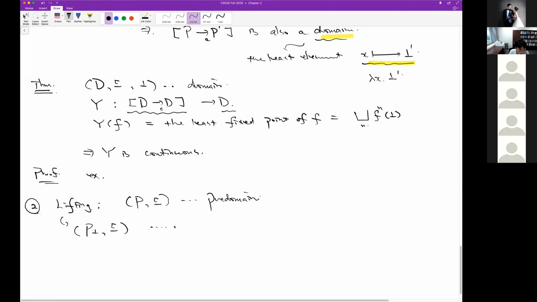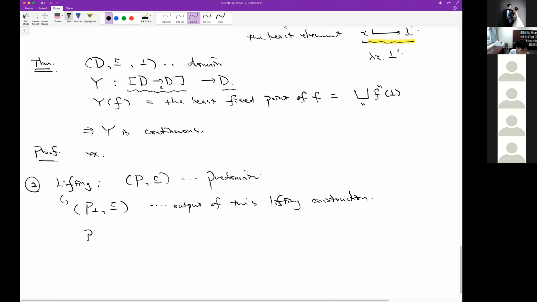And the definition is really simple. P bottom, with the order called less-than-or-equal prime here, consists of P together with some new element bottom. We are assuming this is a new element, not in P. And then we say bottom is the smallest element in P bottom.